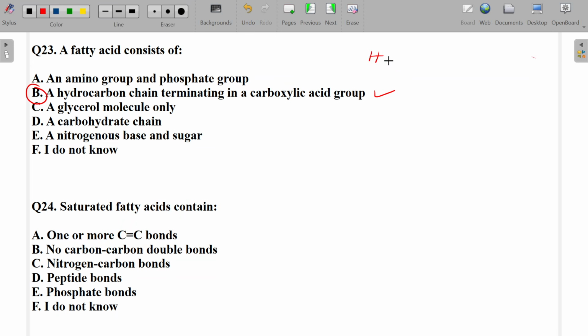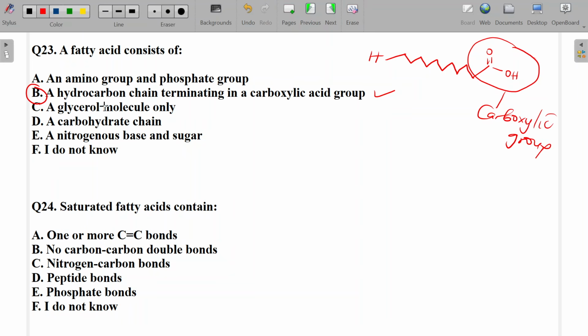If you don't want to express it like that, you can just write it like this. Or you can just do this. This is the carboxylic. The skeletal structure, carboxylic what? Group.